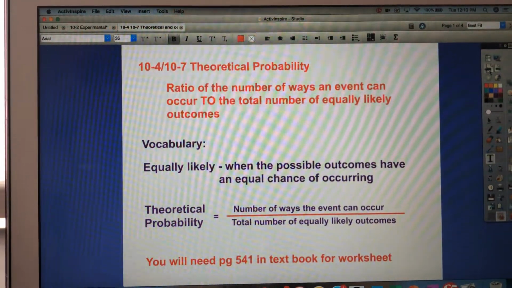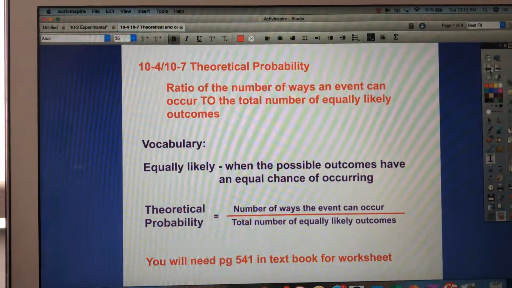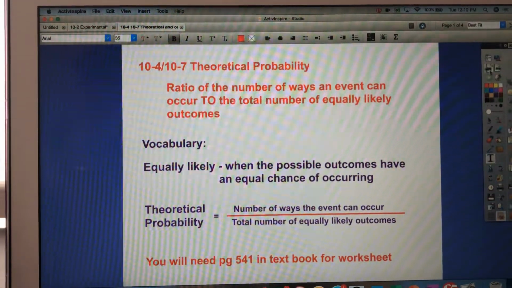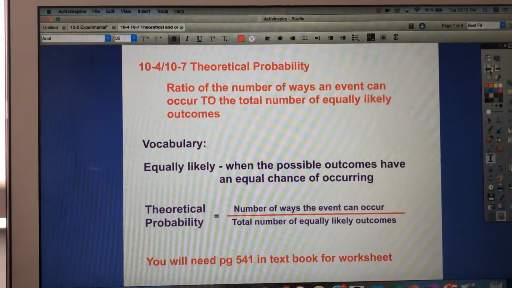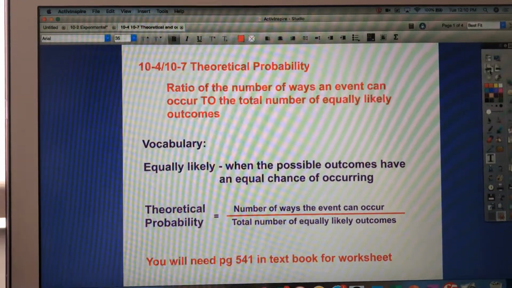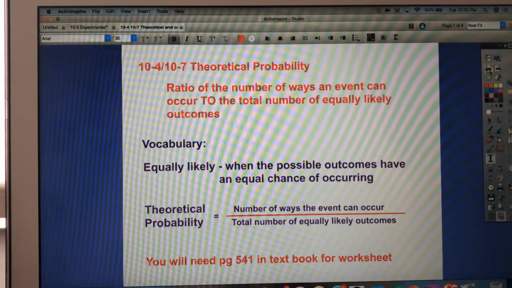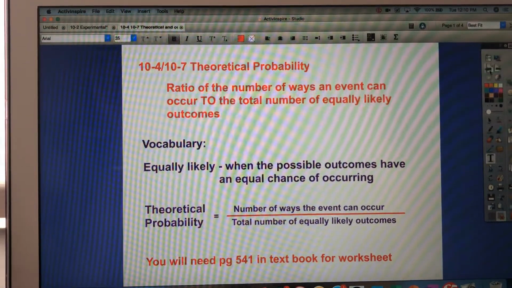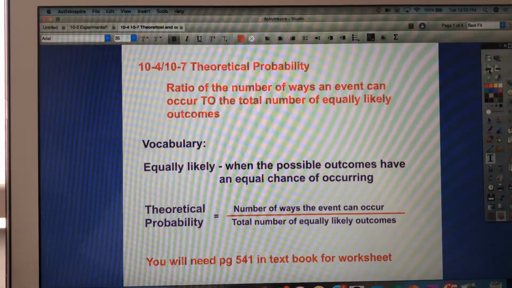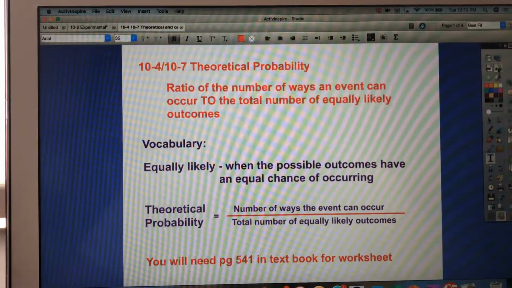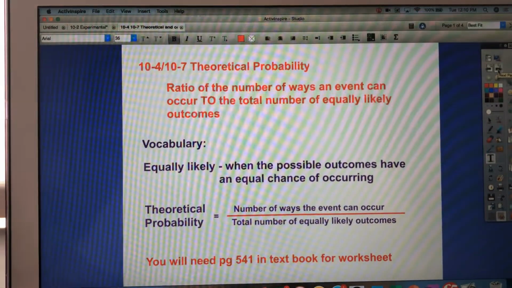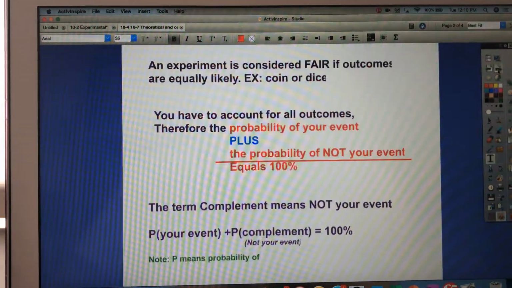It should come up 1/6 of the time. So 1/6 of 100. Make it easier. I roll the dice 6 times. How many times should a 1 come up? Once. 1 out of 6. So theoretically, I should have a 1 out of 6 chance of getting any single side of the dice.